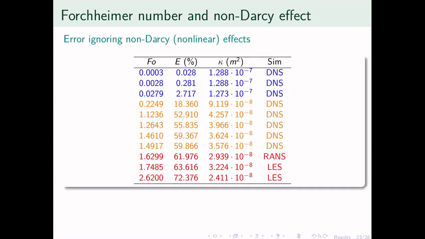data. This is the Forchheimer number and the non-Darcy effect. So the error if we ignore the non-Darcy nonlinear effects is shown here. You can see that the transition for the Forchheimer number is around 0.1 to 1, the value at which the nonlinear or non-Darcy effect starts to become significant.